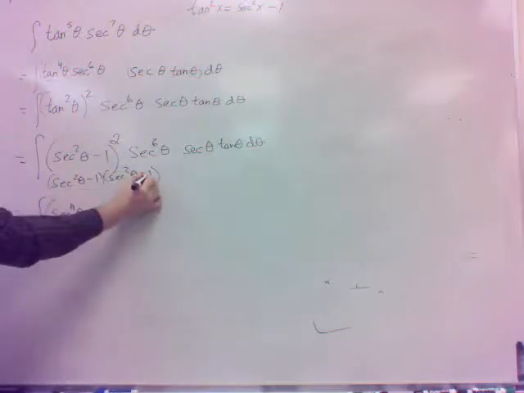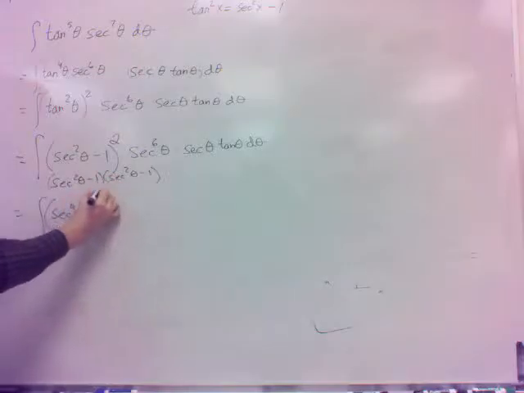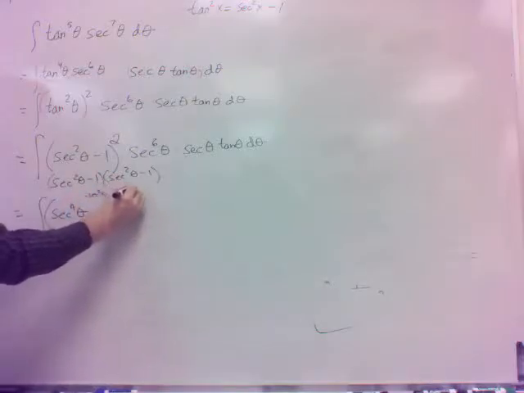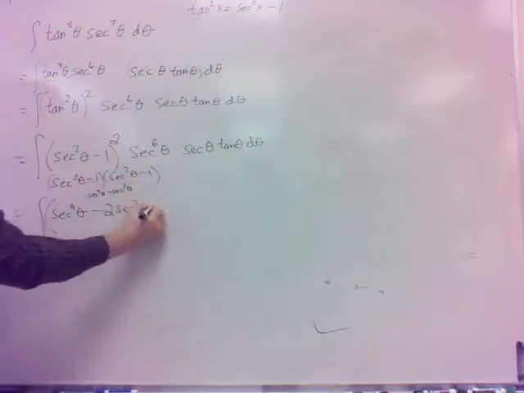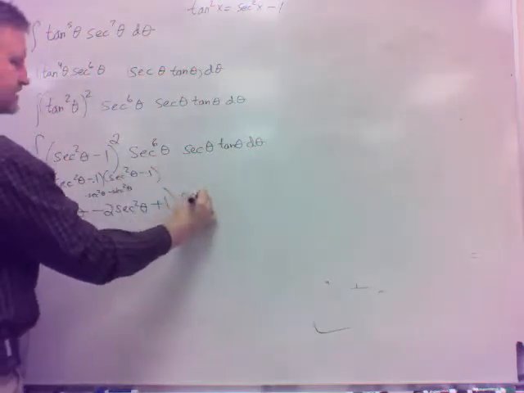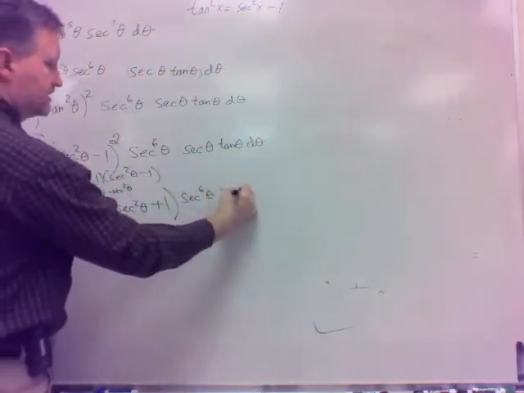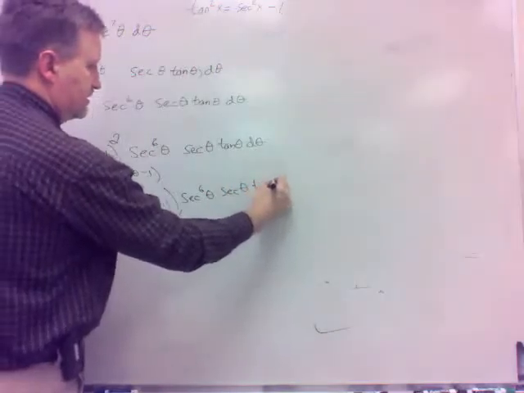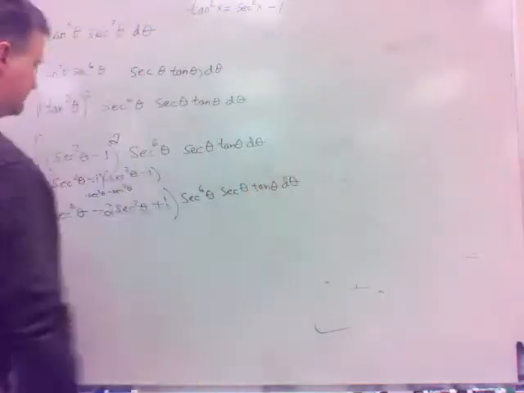Secant squared times minus 1 would be minus secant squared, but then I'm going to have another minus secant squared, aren't I? So minus 2 secant squareds. And then I'll have minus 1 times minus 1, which is plus 1. Times the secant to the 6th, secant theta, tangent theta, d theta. It's getting even longer.